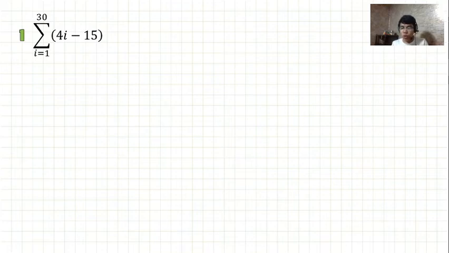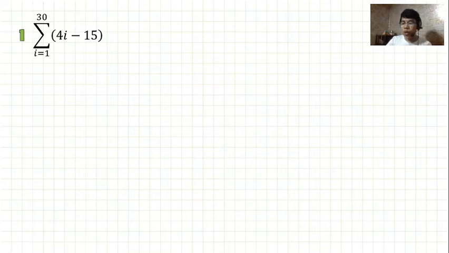So what we're going to do is evaluate this sigma notation. As you can see, in the sigma notation, 4i and 15 are separated by the operation minus. From property 3, if we have the summation of the difference of two expressions, we can separate the two by taking the summation of each expression.